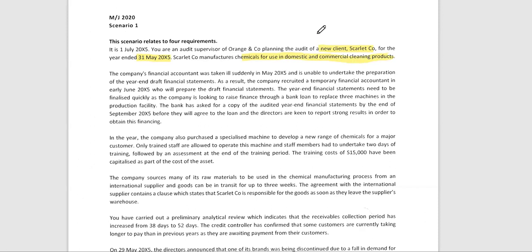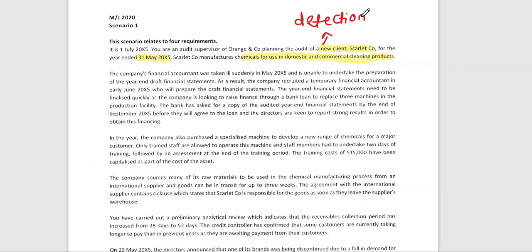So, guys, whenever an audit firm gets a new audit client, always remember that the risk here is always a detection risk. How will you explain it here? You will explain that the audit team will not be so familiar with the balances, the transactions, and the accounting policies of this client, and also we'll have less assurance on opening balances because we didn't conduct the audit last year.